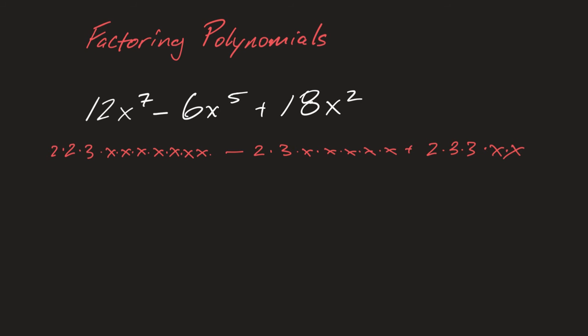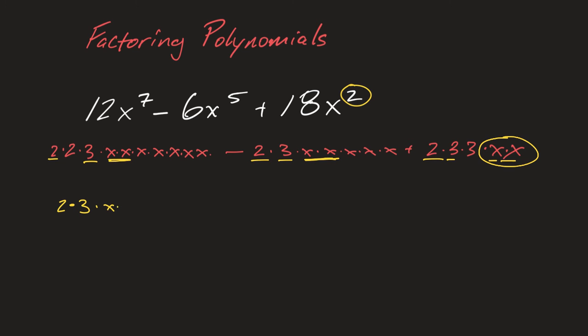So let's underline what each one of these terms has in common. They each have a 2, at least one 2, so just one. Okay, each of them has one 3. So far I have 2 times 3. Okay, and the fewest, so the smallest power is a 2, which means I have x times x. Well, this is the most x times x's I can factor out, so that's 2 of each one.